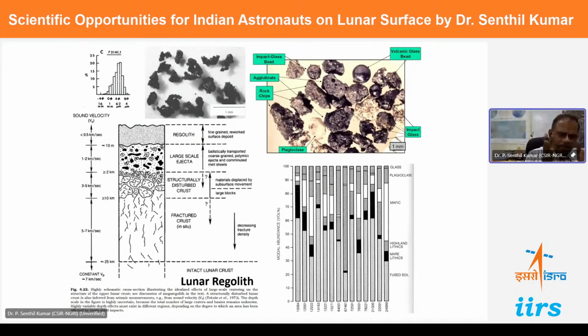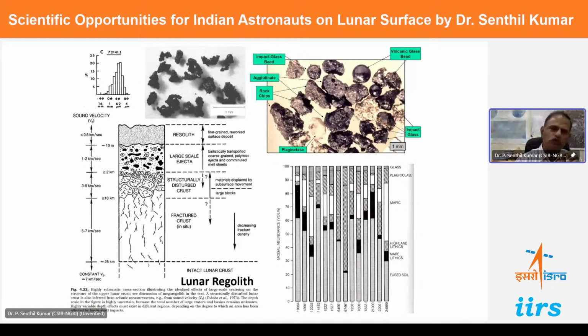So finally, at the landing site, whether it's astronauts or any lander or rover, they have to deal with the lunar soil called lunar regolith. This regolith is of the order of 5 to 10 meters thickness. It is very fine-grained material, of the order of about 100 to 200 microns.